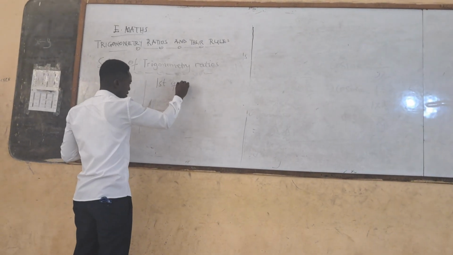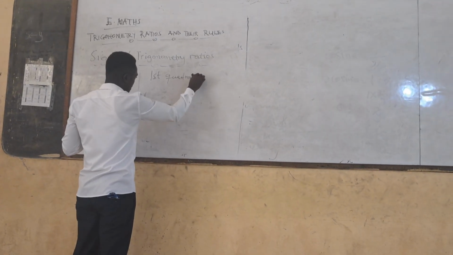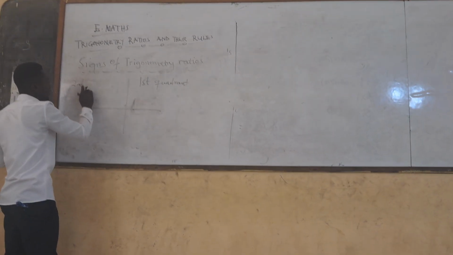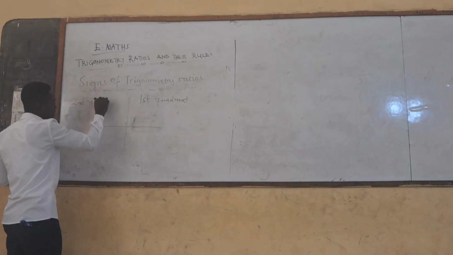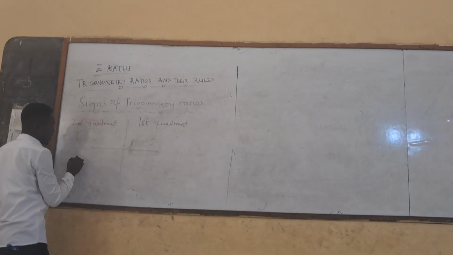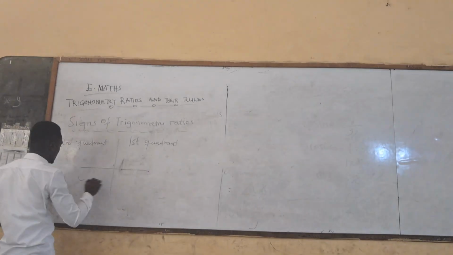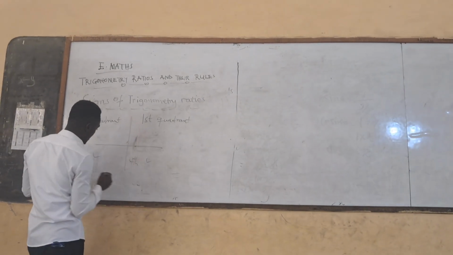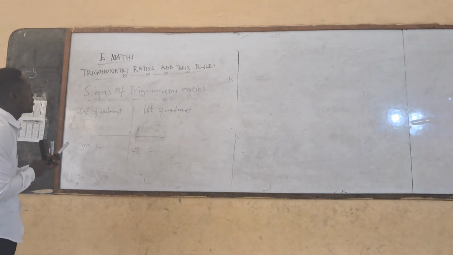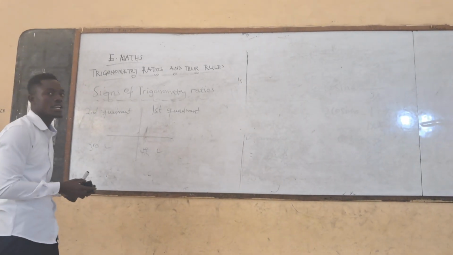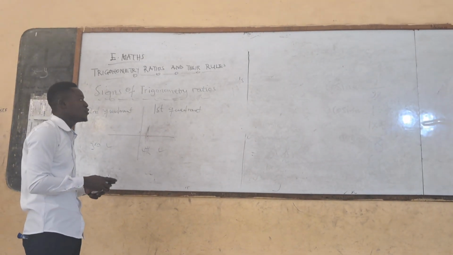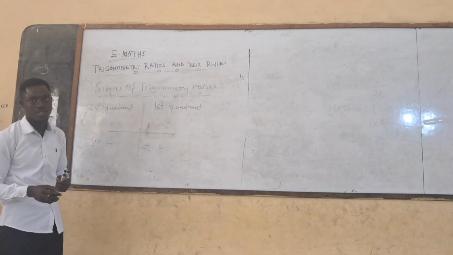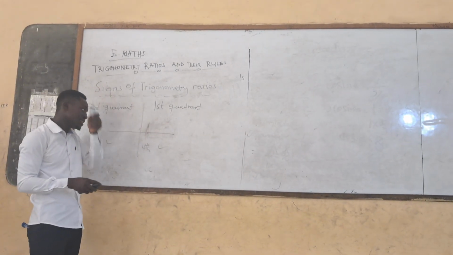Then you have the second quadrant, the third quadrant, and the fourth quadrant. Now, this is going to help us understand which basic ratio is negative at a certain point, and which one is not negative.